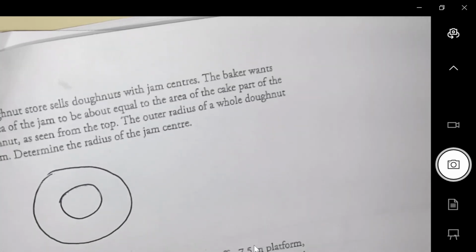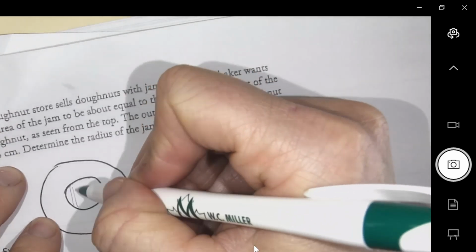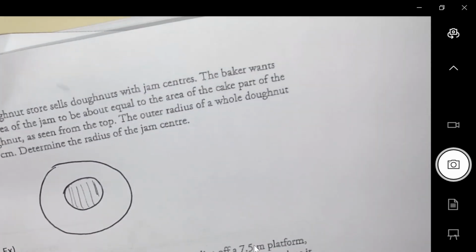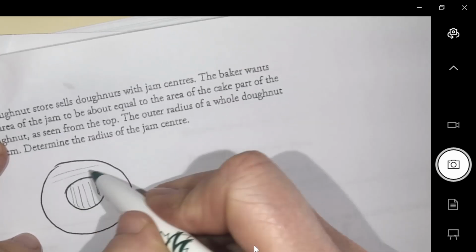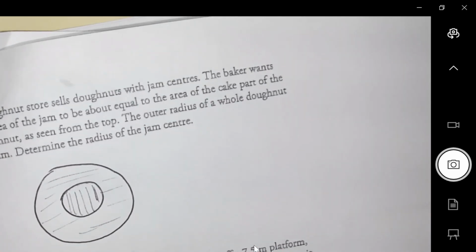Except the jelly. Okay, the baker wants the area of the jam to equal the area of the cake part, which is that. The outer radius of the whole donut is 6 centimeters. Do you know what the word radius means?